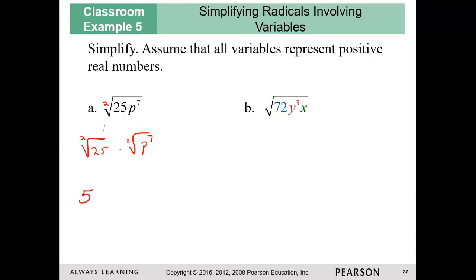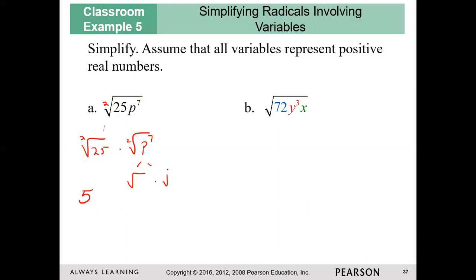This is where the problem happens, okay? Over here, what you could do is break this up so that it is a radical that has an exponent that is divisible by our index. Because right now, 7 is not divisible by 2, so it makes it a little bit trickier for us.